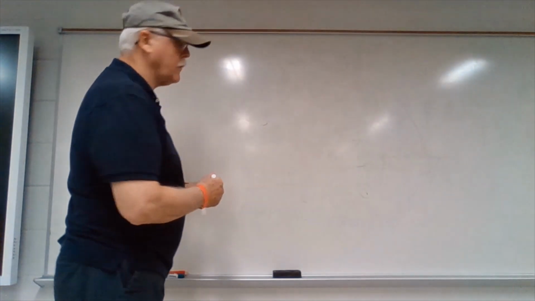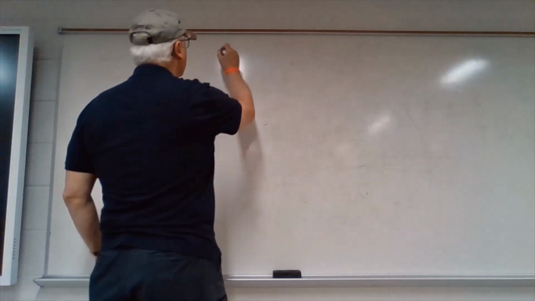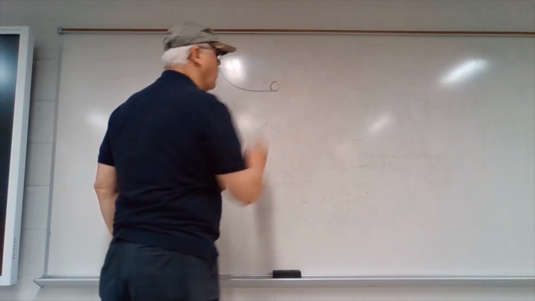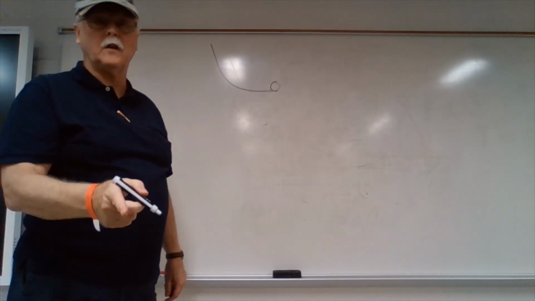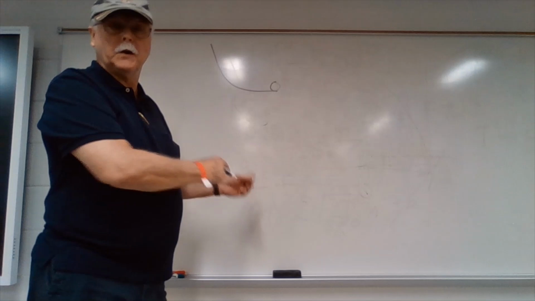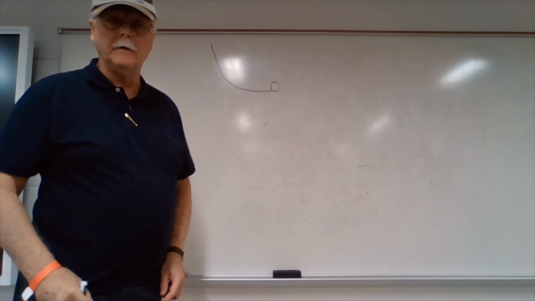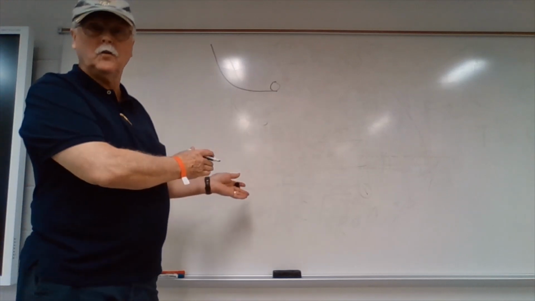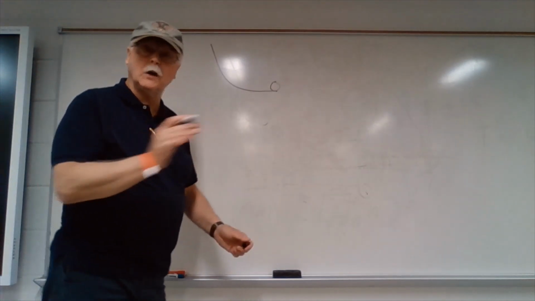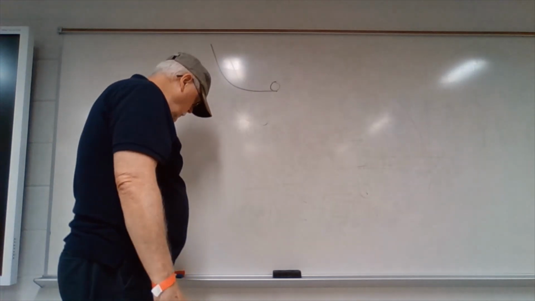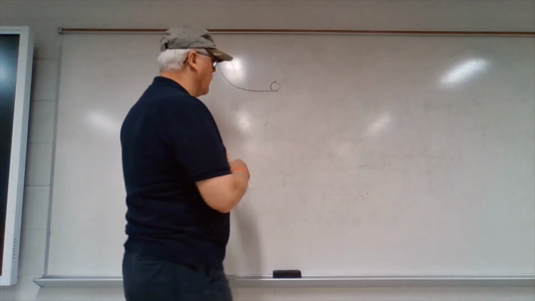So I'm going to draw this picture again. By now, if you haven't gotten the idea that you probably need to put a picture like this in your lab report, then I'm going to tell you, you need to put a picture like this in your lab report. Okay, hint, hint, wink, wink, nudge, nudge. You got to do it. Okay, and once you understand this, then it becomes easy. So now I'm going to put the target ball up here.